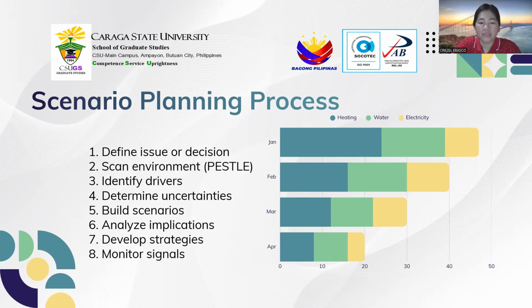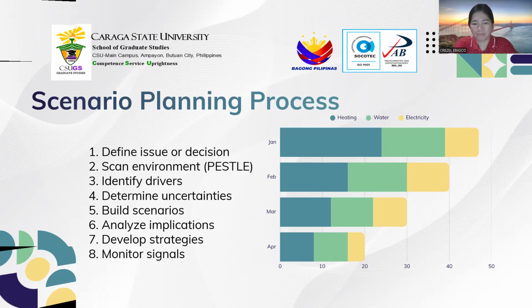Fourth, determine critical uncertainties. Fifth, construct multiple plausible scenarios. Sixth, analyze the implications of each scenario. Seventh, formulate strategic responses. Finally, continuously monitor environmental indicators and update scenarios as conditions change.